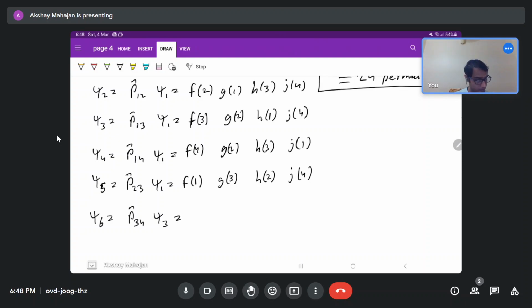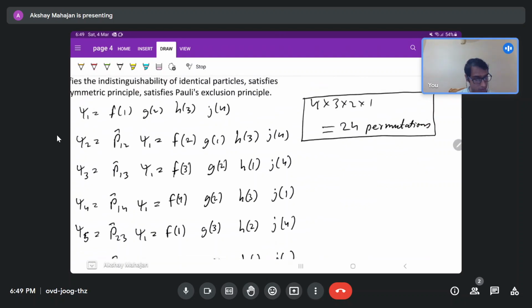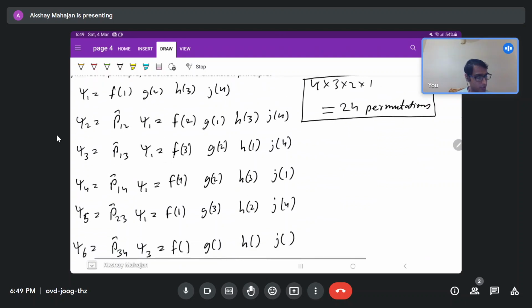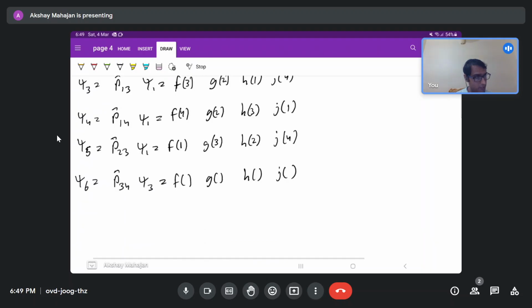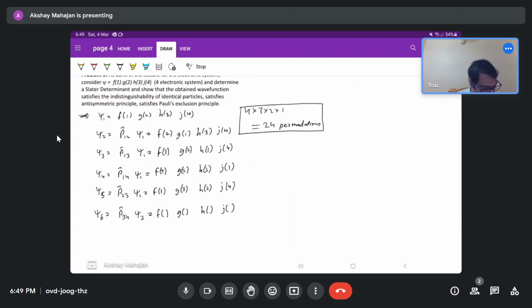So this is basically just to give you practice with permutations, how this permutation operator works. So you just go to psi 3, and there will be 24 combinations. There are a lot of combinations that you can check, and we will directly go with the results. So this is just for the practice of computation.